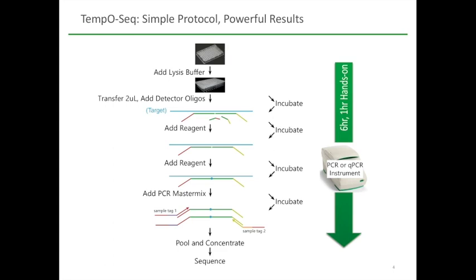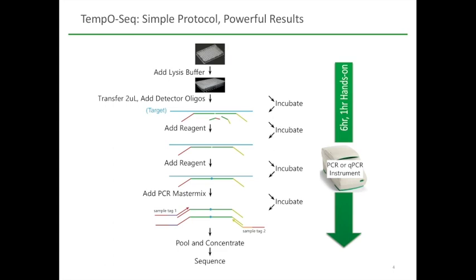This library is then either sent off to a sequencing provider for 50 base or 75 base single read dual index sequencing, or it can be performed on an instrument that you have running in your own lab.